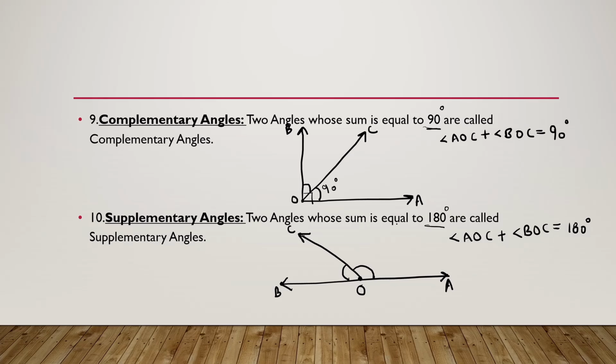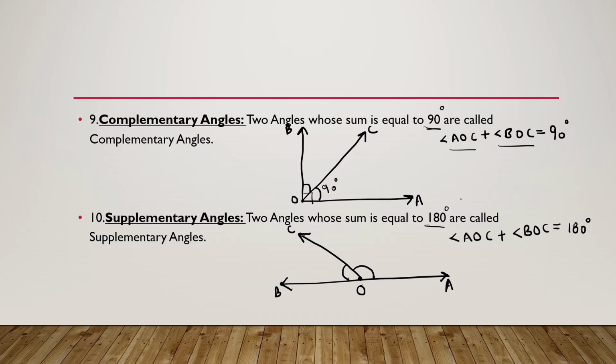Now, ninth one is complementary angles. Two angles whose sum is equal to 90 degree are called complementary angles. In this image, angle AOC plus angle BOC is equal to 90 degrees. So angle AOC and angle BOC are complementary angles.